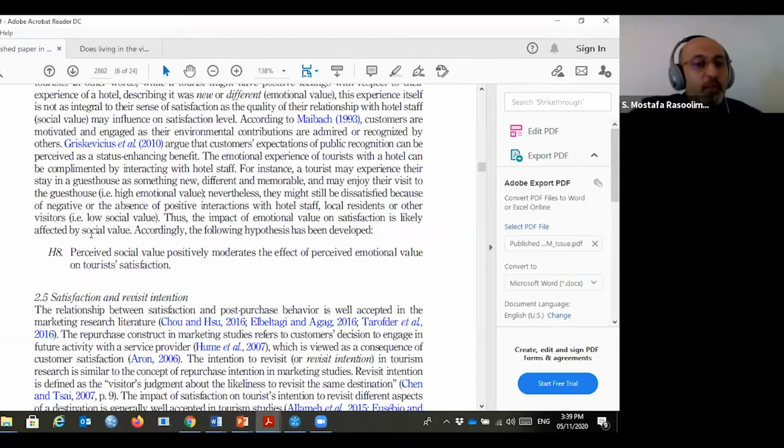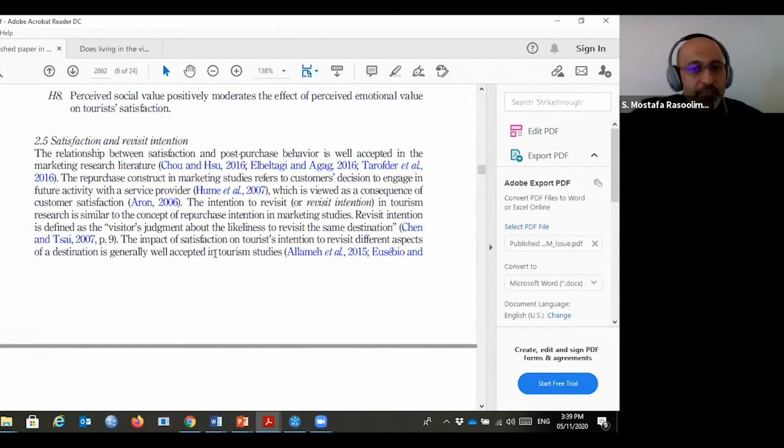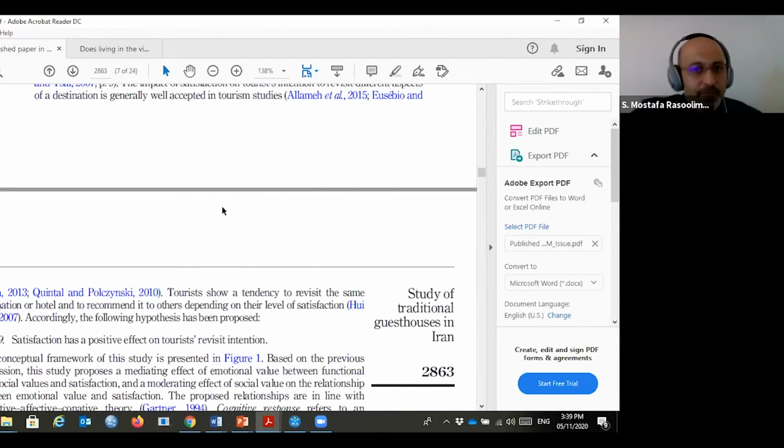Later, I will explain what positive and negative moderator means. So this is one way of writing a moderation hypothesis, right? We use this way in this paper for this hypothesis.